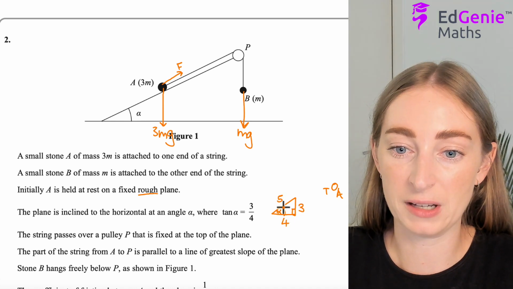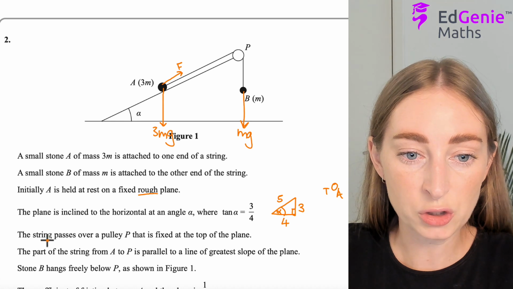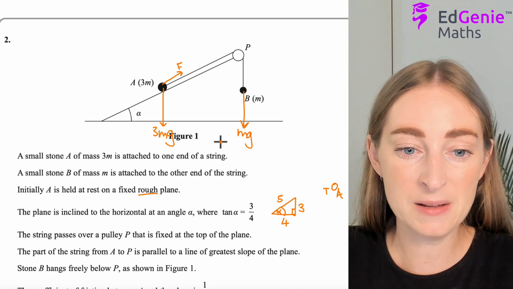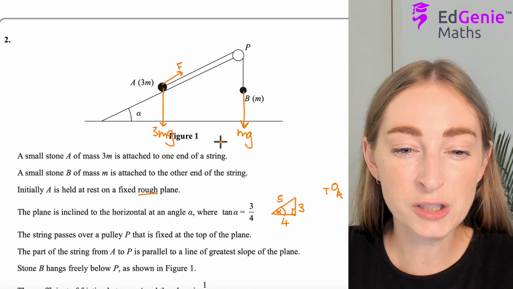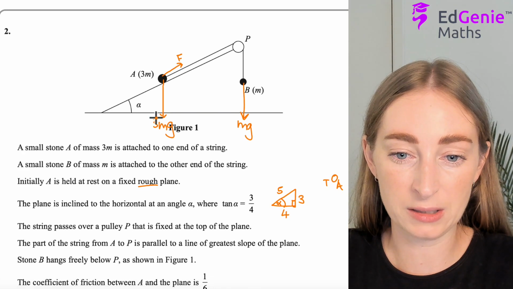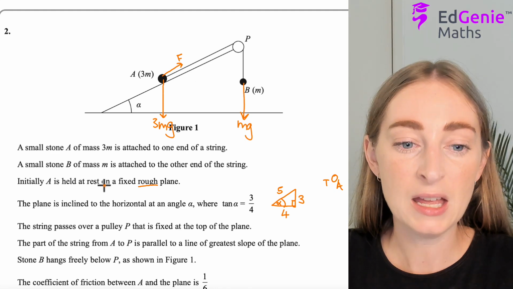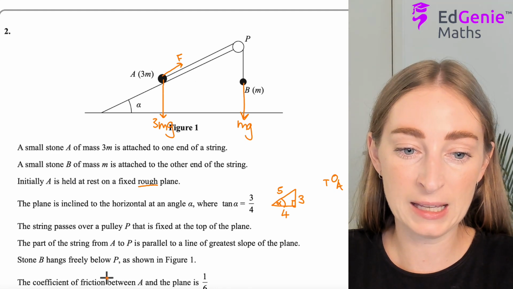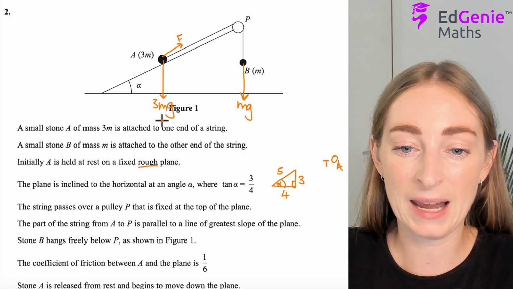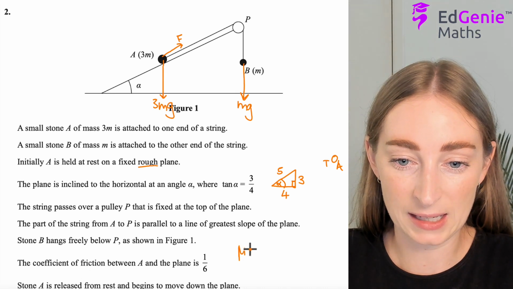Remember, 3, 4, 5. Right, the string passes over a pulley that's fixed at the top of the plane, up here. The part of the string from A to P is parallel to a line of greatest slope. Yeah, that's fine. Stone B hangs freely. The coefficient of friction between A and the plane is 1/6.